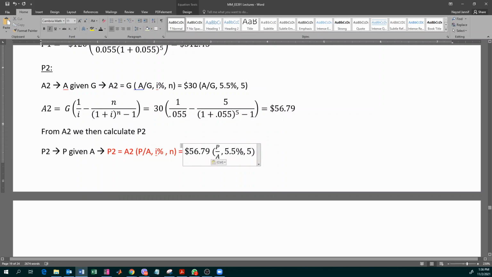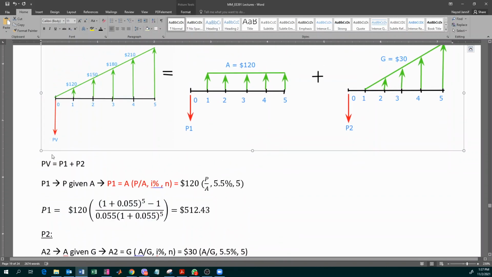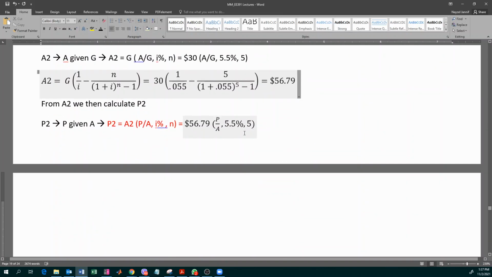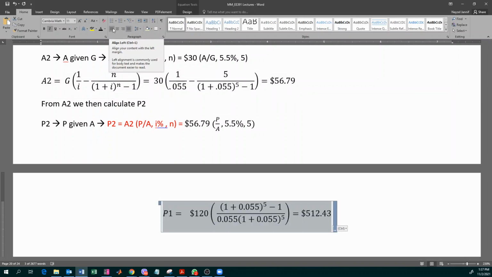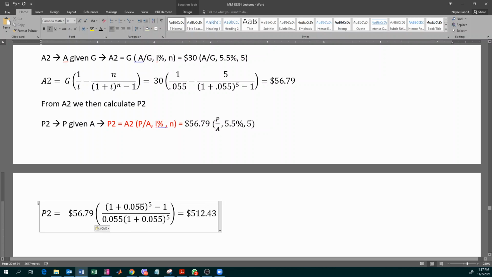Okay, 5.5%, 5 years? Okay, so we have P2, we put in our $56.79 here. 5, everything is the same. What do we get here, guys? Answer.